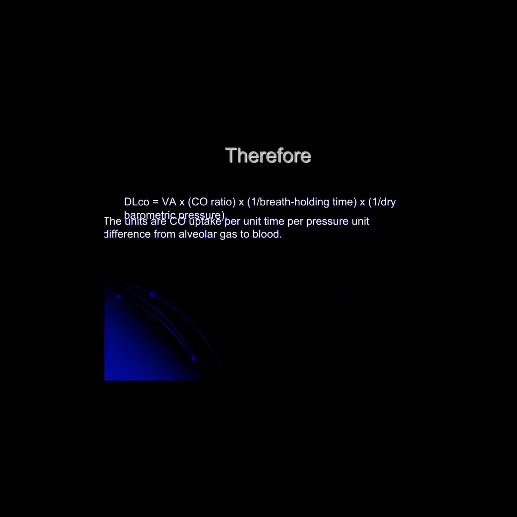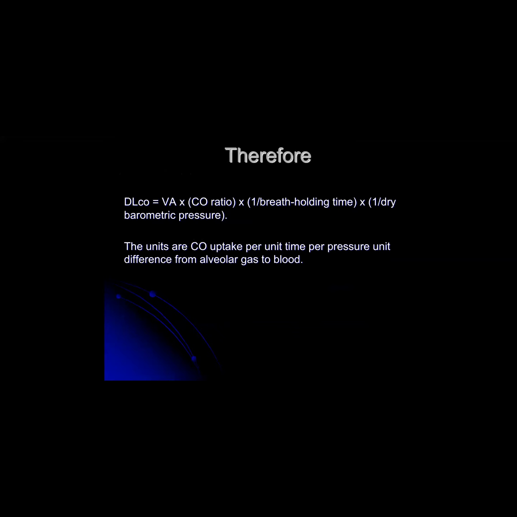Therefore, the lung diffusion of carbon monoxide is equal to the ventilation multiplied by the carbon monoxide ratio multiplied by 1 divided by the breath holding time multiplied by 1 divided by dry barometric pressure. So the total lung diffusion is dependent on the total lung ventilation and alveolar ventilation.